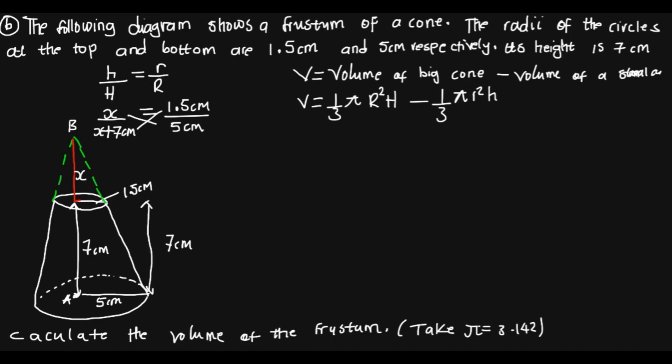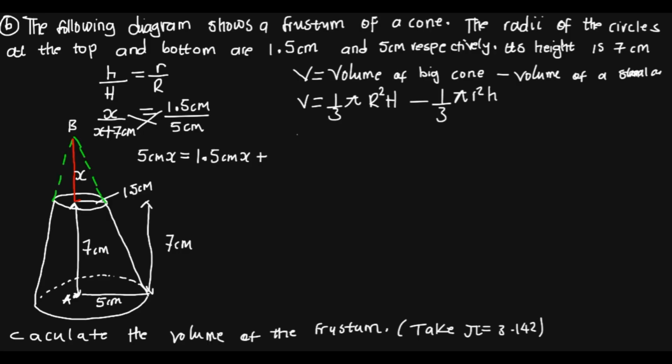Then we can cross multiply. So 5 centimeters times x is 5 centimeters x. Then here we are going to have 1.5 centimeters times x is 1.5 centimeters x plus 1.5 times 7.